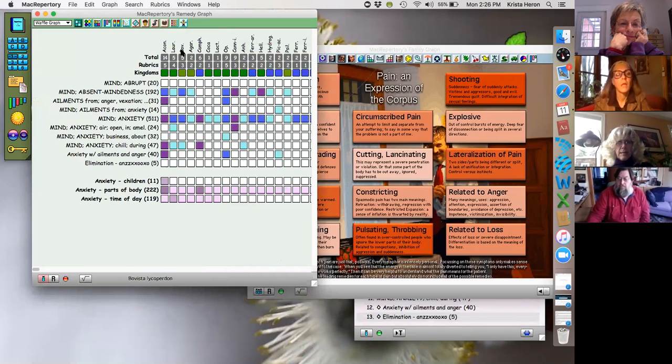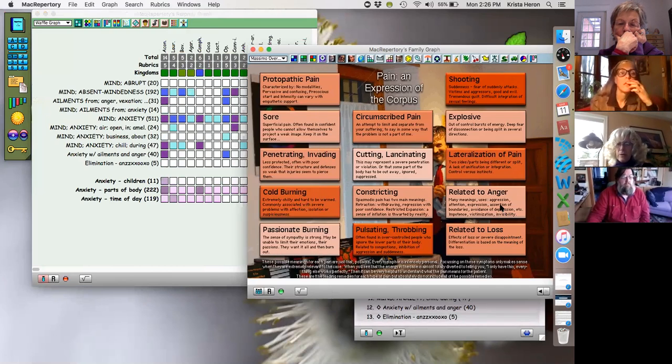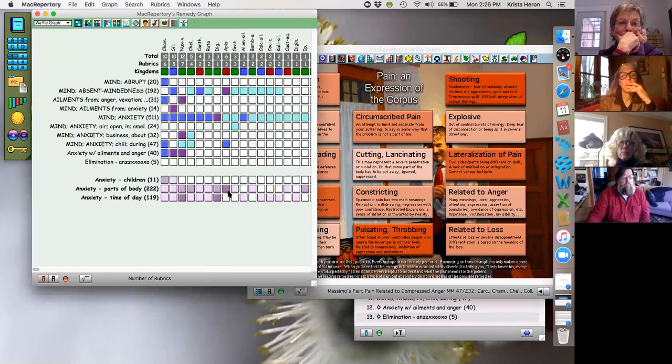So again, we can see aconite we know about, Bovista, the puffball that explodes, agaricus, maybe it doesn't explode, but it has explosive things. Or symptom pain that is related to anger. So again, chamomile.